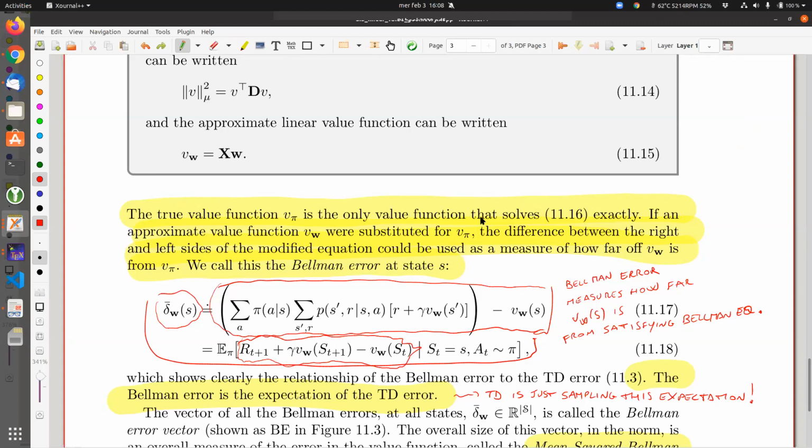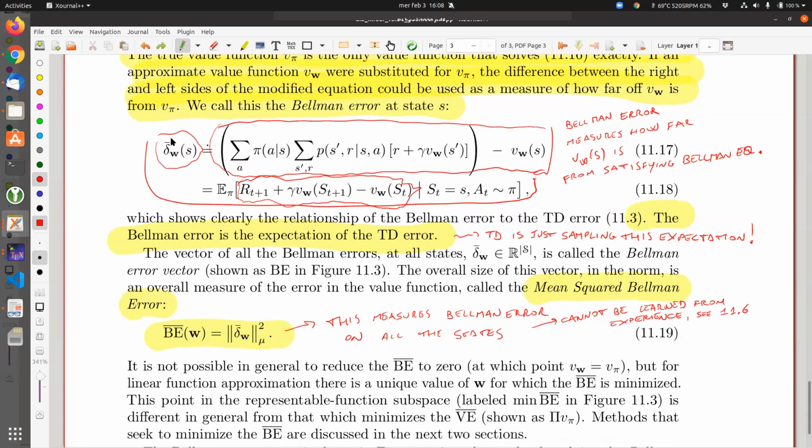Okay, if you take the vector of all Bellman errors in this way, and you take the length of this vector, with respect not to the Euclidean norm, but with respect to the norm weighted by the on-policy distribution, well, you obtain a vector, okay? This is the Bellman error on every state, okay?